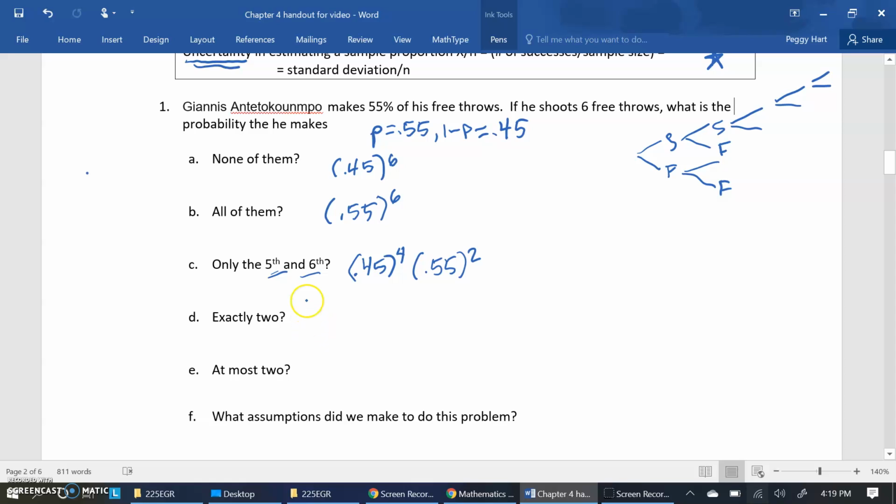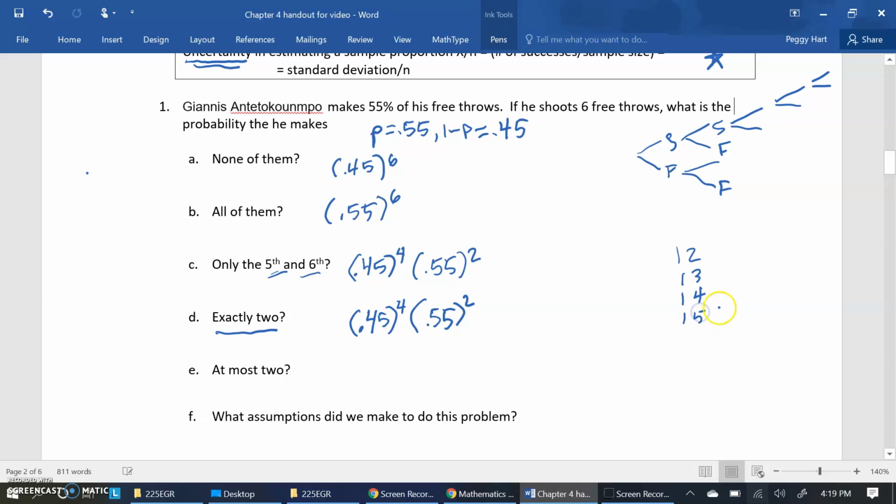So this is where we get into the binomial idea. We know the probabilities are going to end up being 4 failures and 2 successes. No matter which route you go down to get 2 successes, the probabilities will add up that way. But how many are there? How many ways can we have exactly 2? We could start counting them: the 1st and the 2nd, the 1st and the 3rd, the 1st and the 4th.